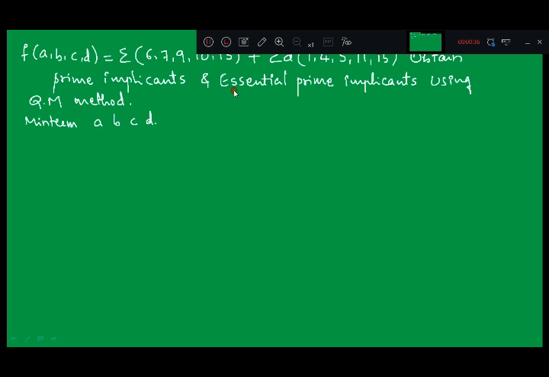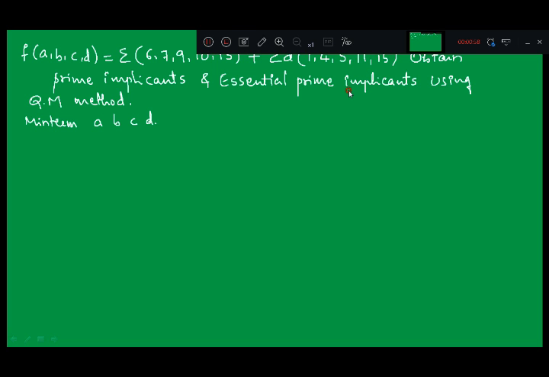They can ask in this manner, or they can also ask to obtain the simplified Boolean expression using QM method, right? So one and the same. For both questions the answer remains the same, but the extra thing here is the prime implicants. The essential prime implicants are nothing but the simplified Boolean expression.